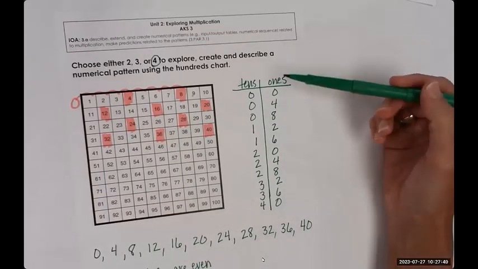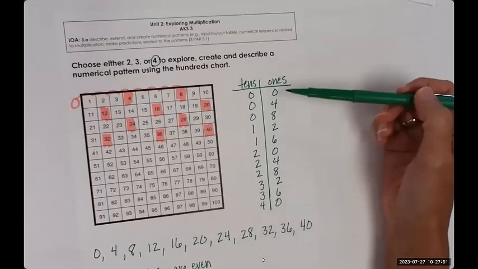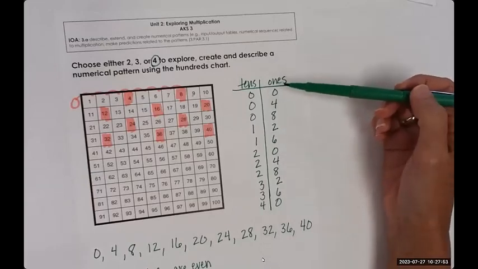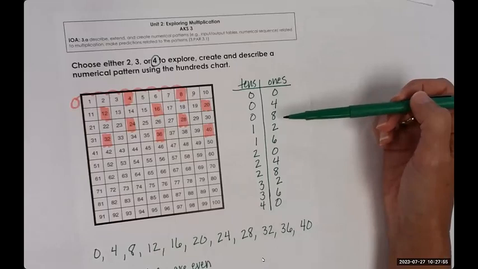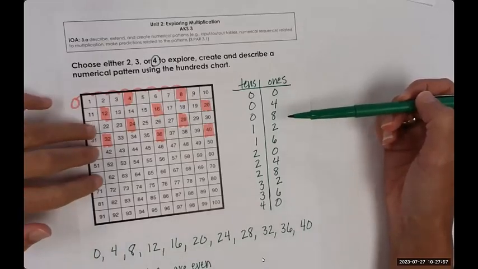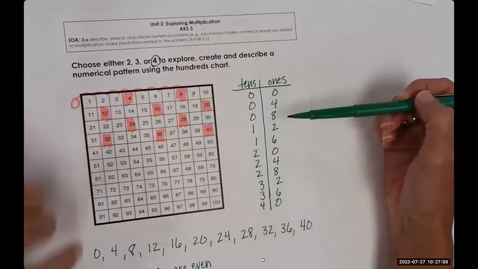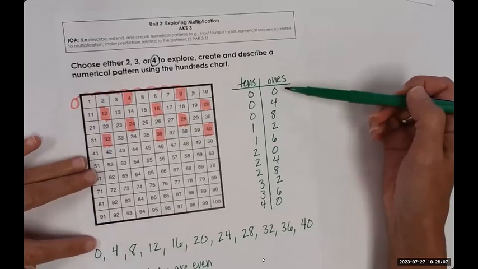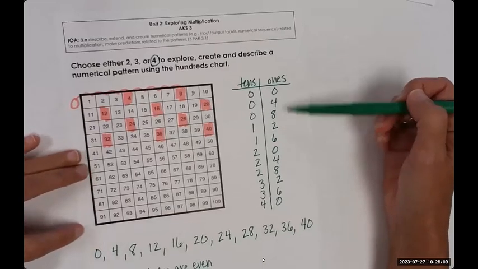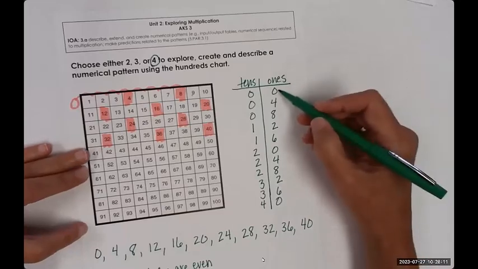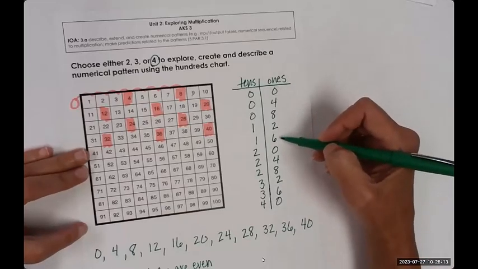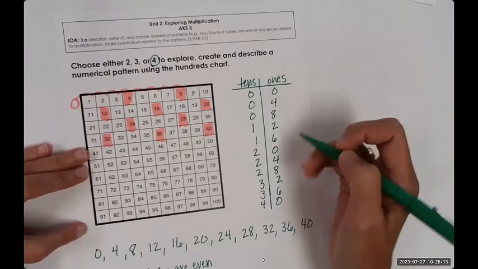But when I look, now that the numbers are written this way, I can see that there are other patterns here that I didn't recognize when they were just on the hundreds chart or written horizontally. Okay. I can clearly see that in the 1s place, the core pattern is 0, 4, 8, 2, 6, and then it repeats.